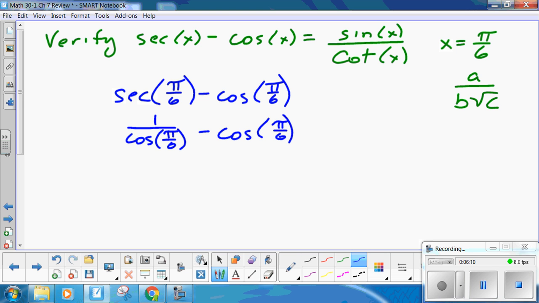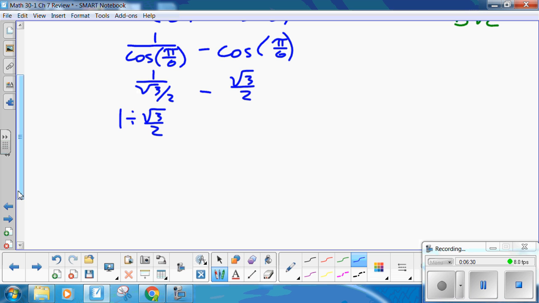Now, pi over 6, or 30 degrees, that is root 3 over 2. So that would be 1 over root 3 over 2, 1 divided by square root of 3 over 2.